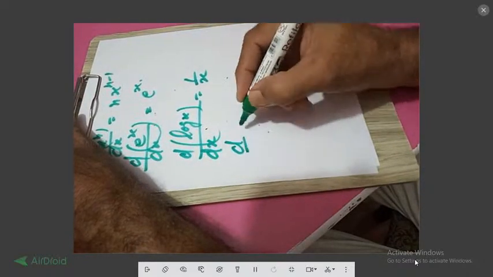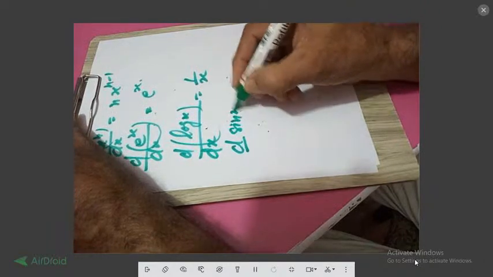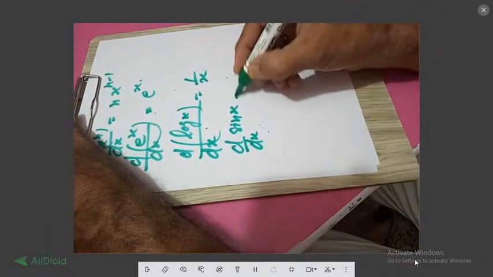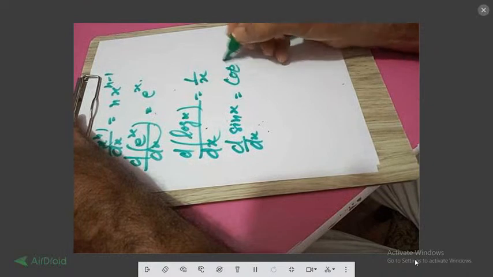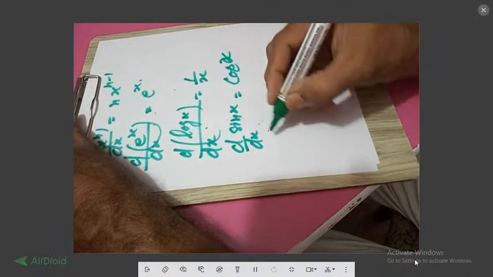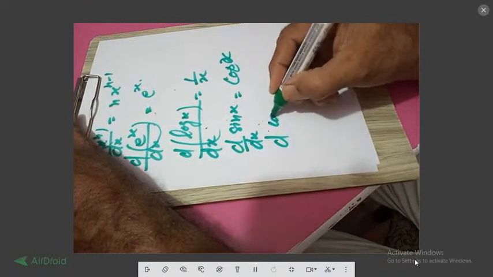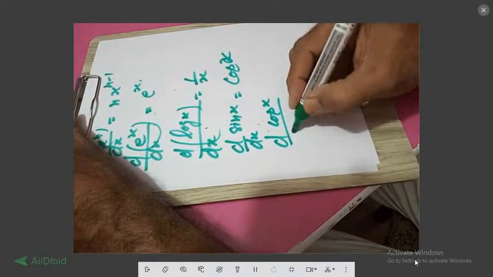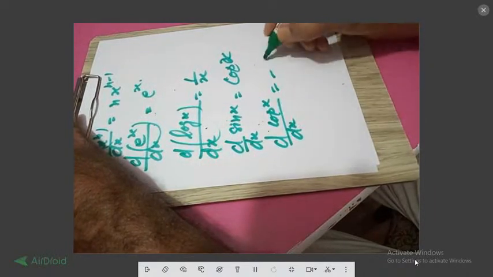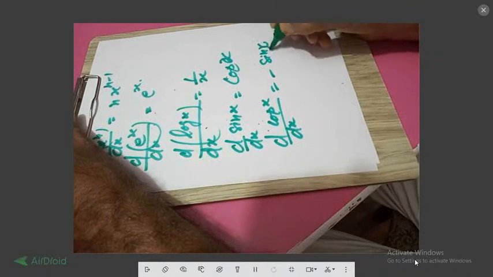Differentiation of sin x with respect to x is equal to cos x, and differentiation of cos x is equal to minus sin x.